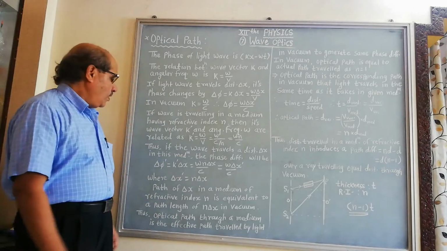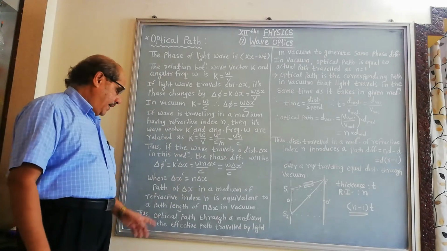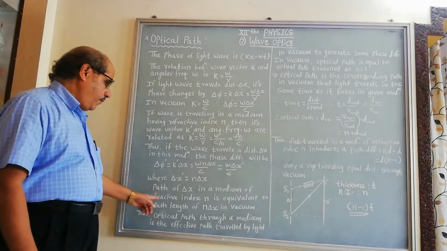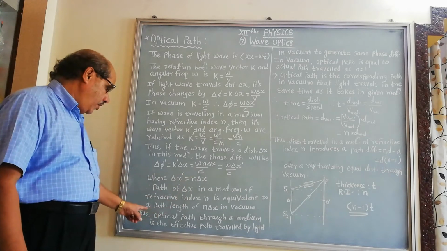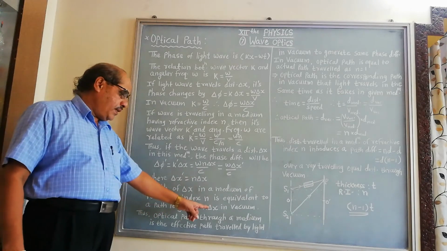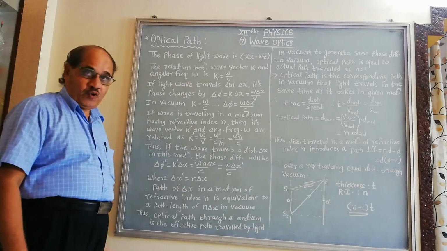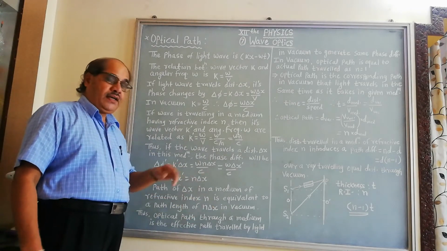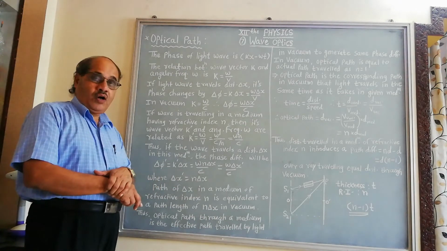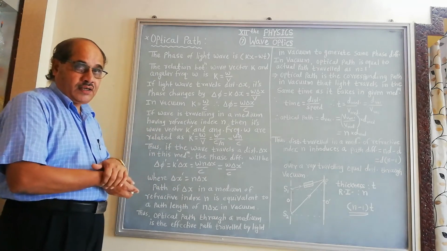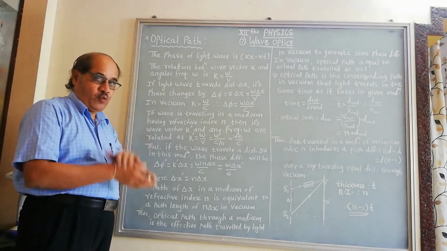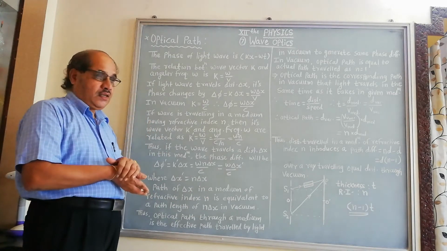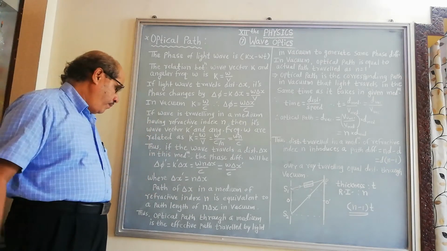Thus, we can say the path of delta x in a medium of refractive index n is equivalent to a path length of n delta x in vacuum. And here n delta x is called the optical path traveled by the wave.